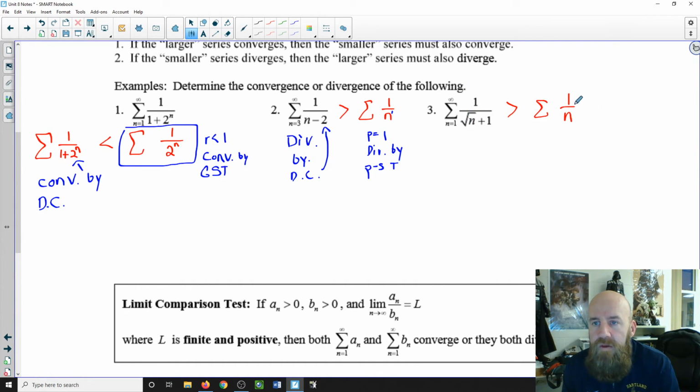Let's think about that. We just did this in example 2. 1 over n, we know p-series, this diverges by p-series test, and this is larger, so we get diverges by direct comparison.